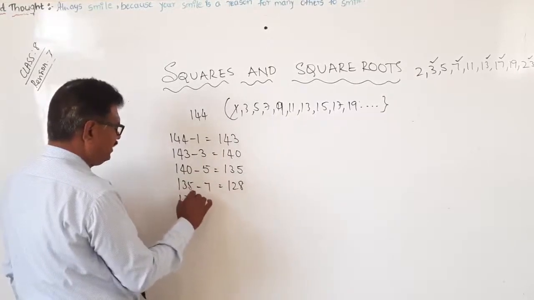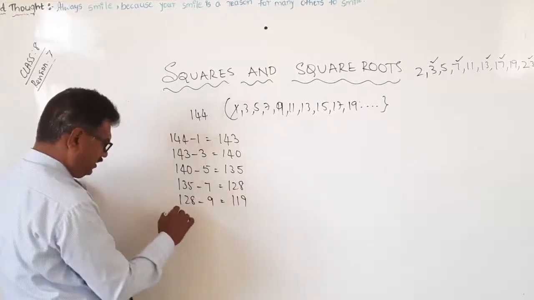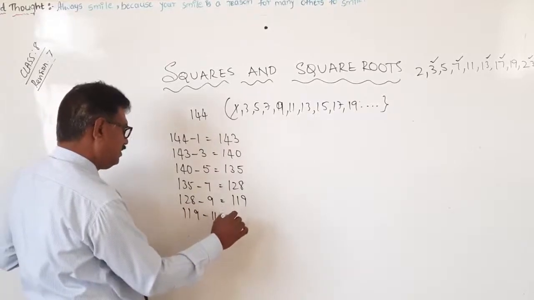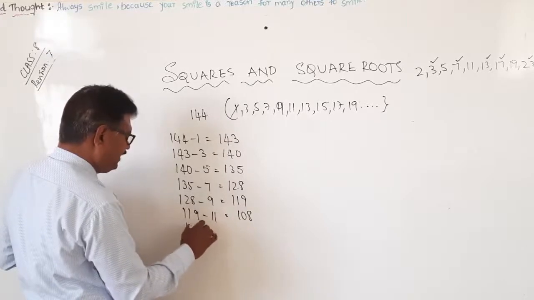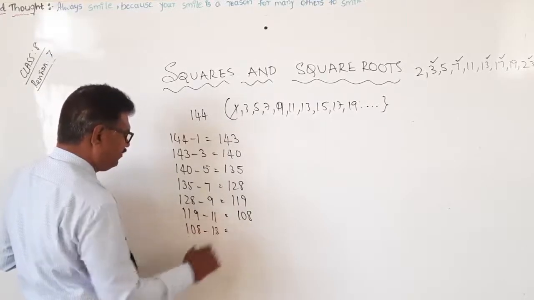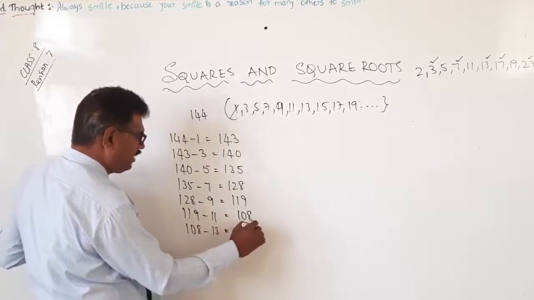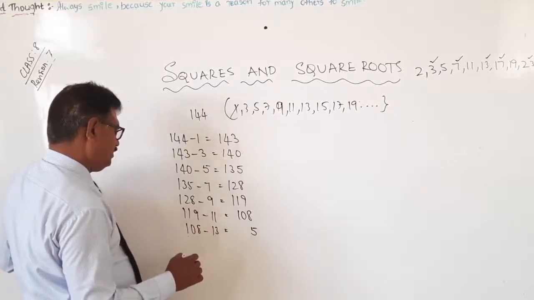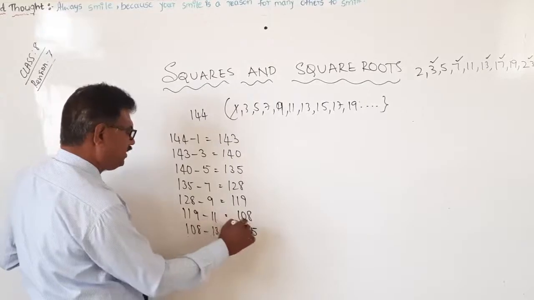So 128 minus 9, 119. 119 minus 11. How much? 108. So 108 minus 13 is 95.